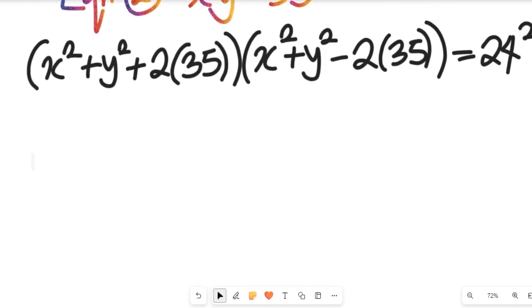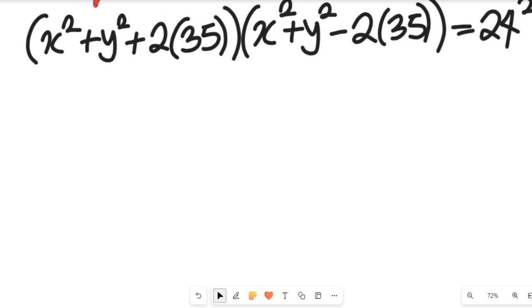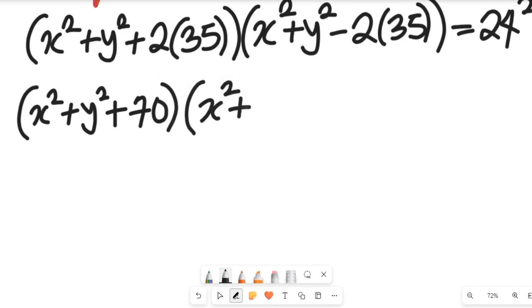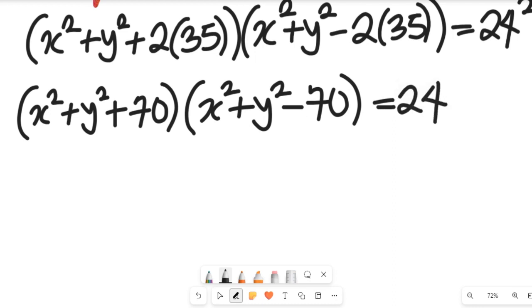Great. So let's simplify this further. To simplify, we only expand, and that will give us x squared plus y squared plus 70, multiplied by x squared plus y squared minus 70, equal to 24 squared. Now look at these two expressions.